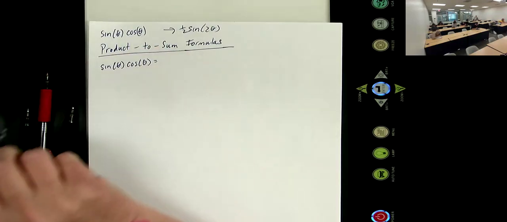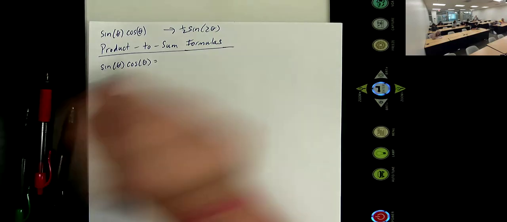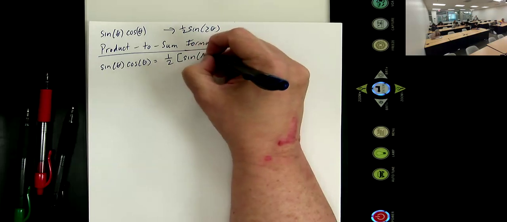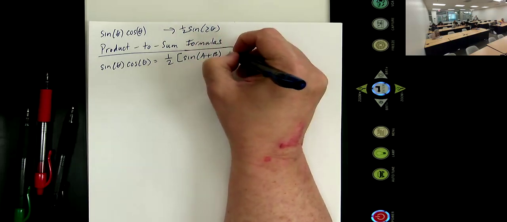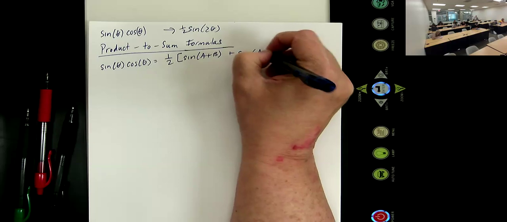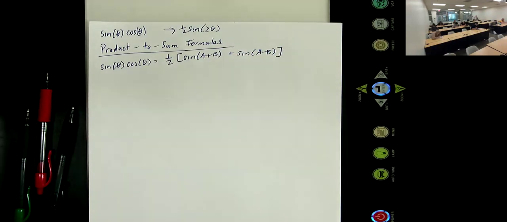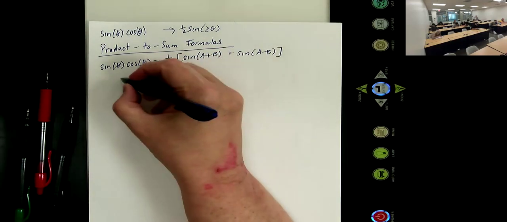We can write this as 1/2 of sine of A plus B plus sine of A minus B. Does that make sense? Let's see.